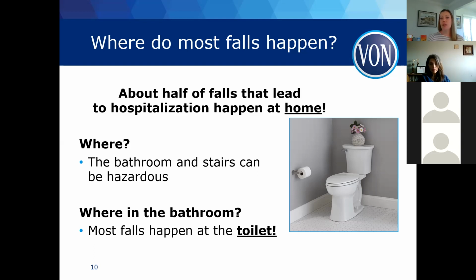It requires a lot of leg strength to sit down on the toilet and to stand up from it again as well. So if people don't have the safety measures in place and they are experiencing that leg weakness, this can be particularly hazardous for them. That's why it is really important to be aware of that.